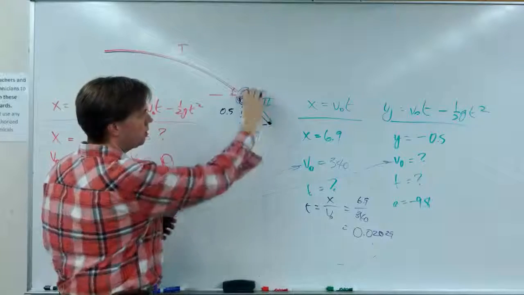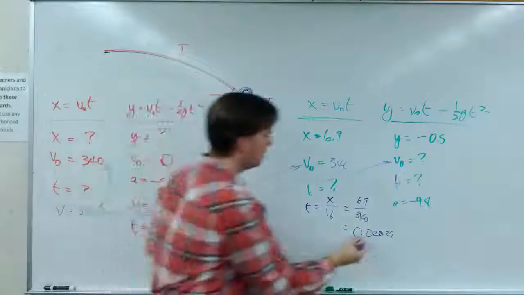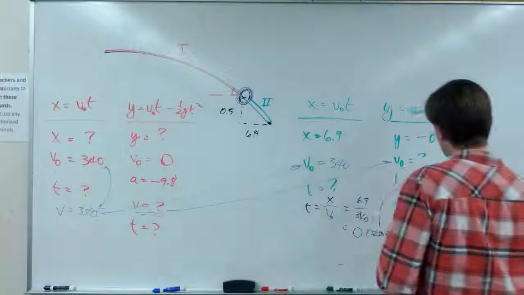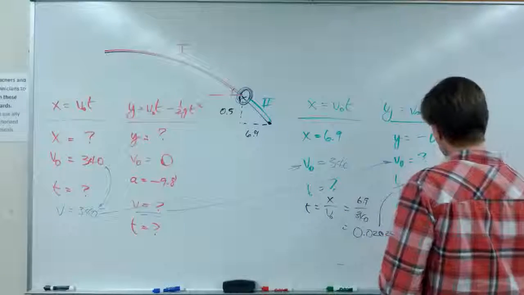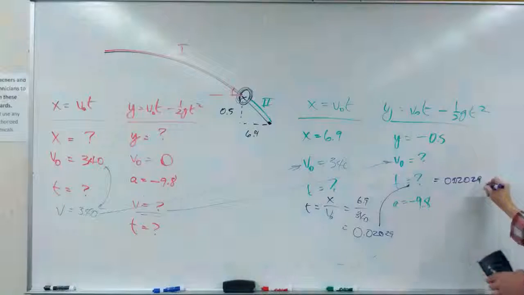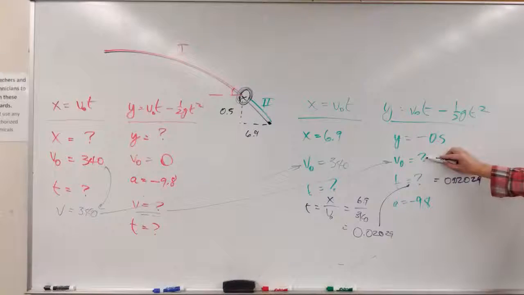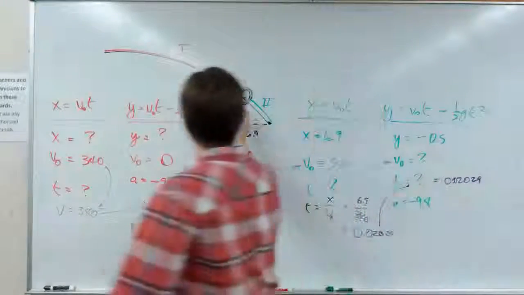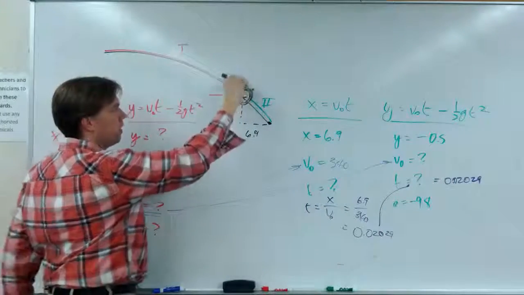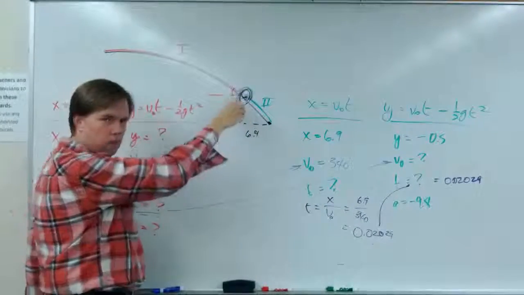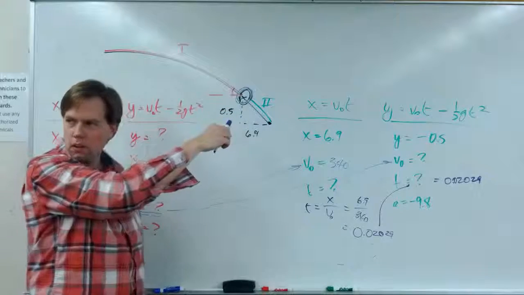I mean, we're calculating the x, but it's also how long it takes to fall, right? So that's the same time it goes here, 0.02029, okay? Given this, I can figure out the initial velocity in the vertical direction, how fast the bullet is falling right when it goes through the window.